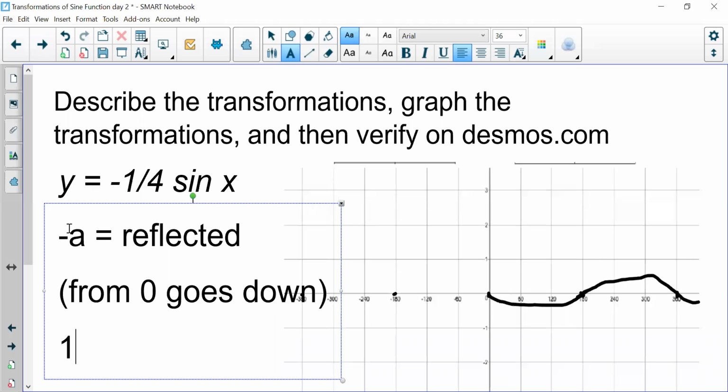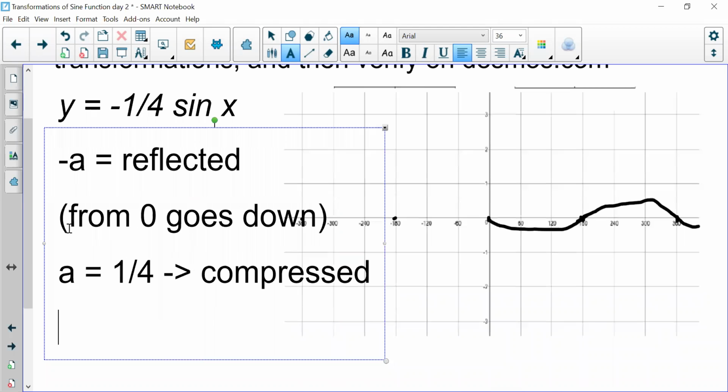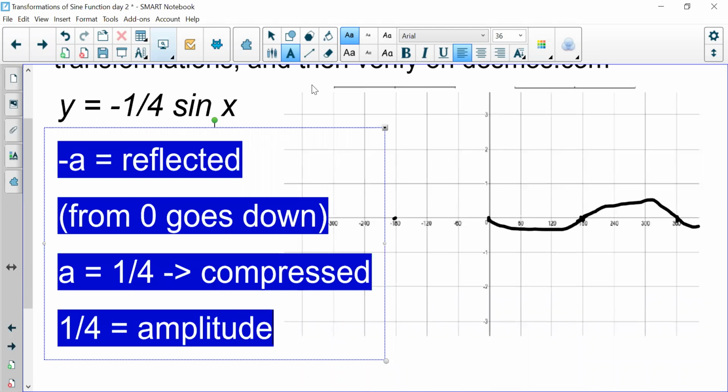And the 1/4 equals compressed. And the amplitude is a quarter. Thankfully, A being our value makes sense that it's amplitude.